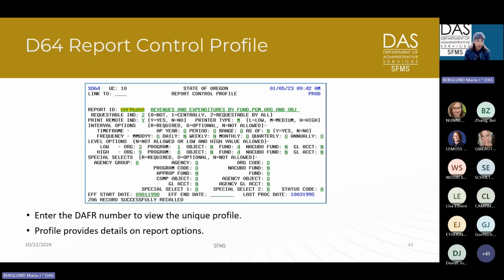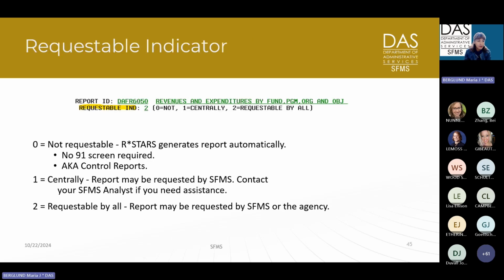You can type in your report ID to see all the information about each report. I'm going to go through some of the indicators on the D64 screen, the most important ones that can give you some insight about each report.